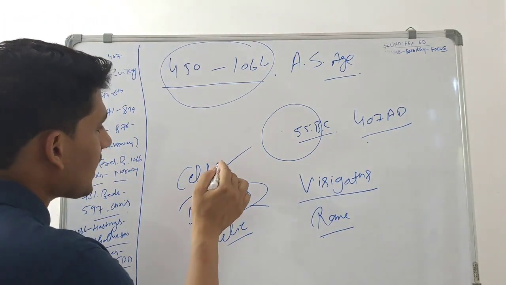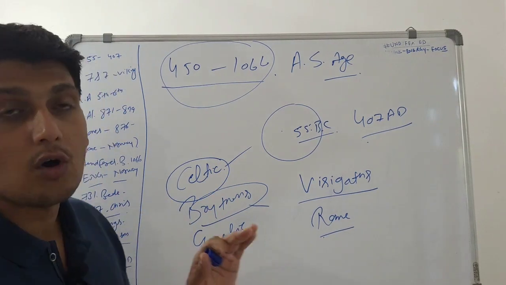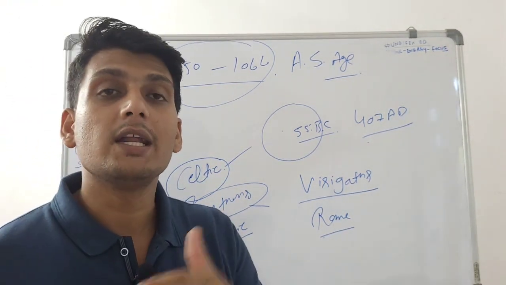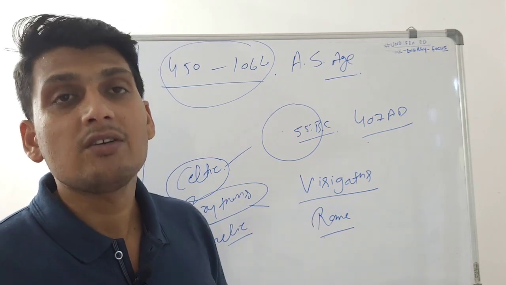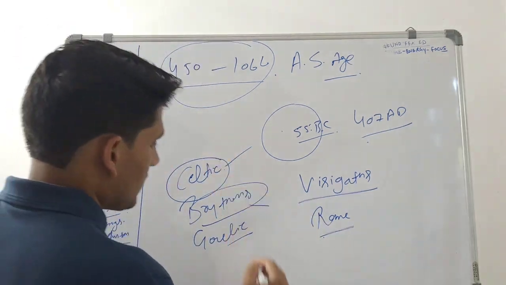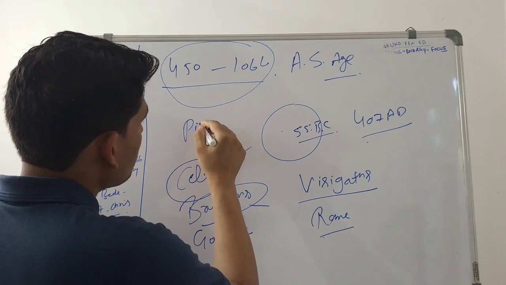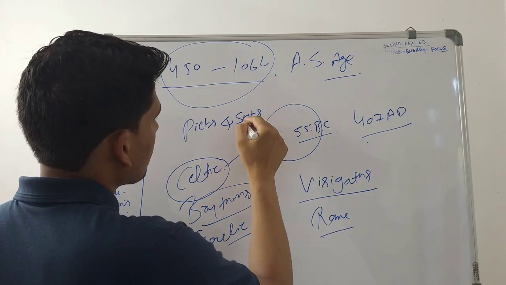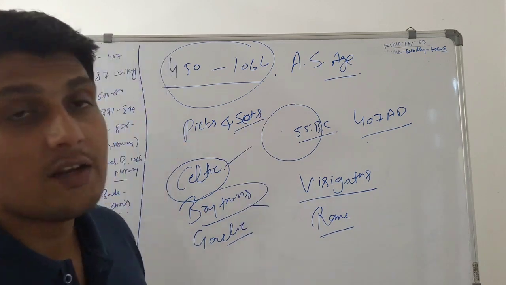And the Celtic tribes, the original inhabitants of England, became vulnerable to outside invasions, and their neighboring tribes, the Picts and Scots, started invading them.